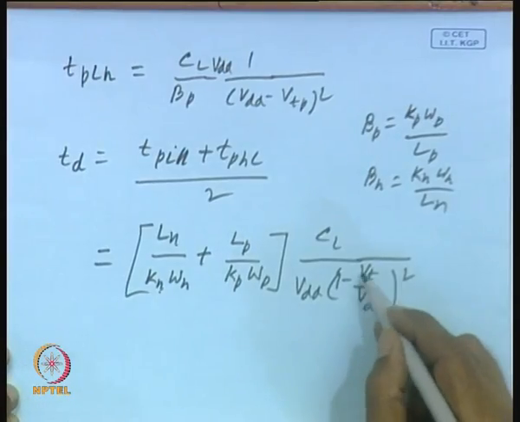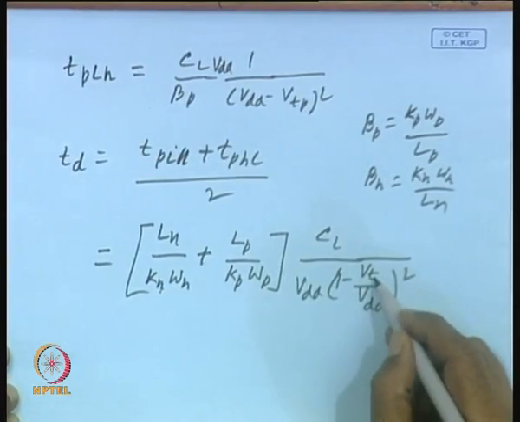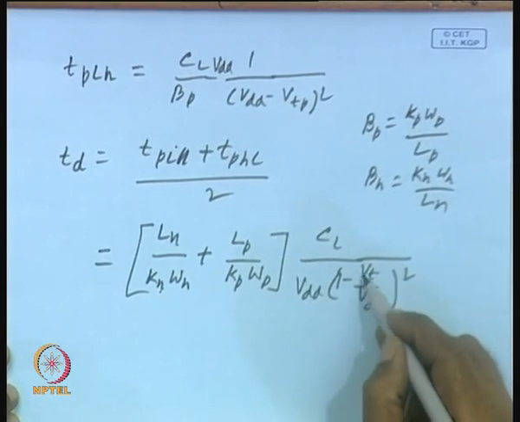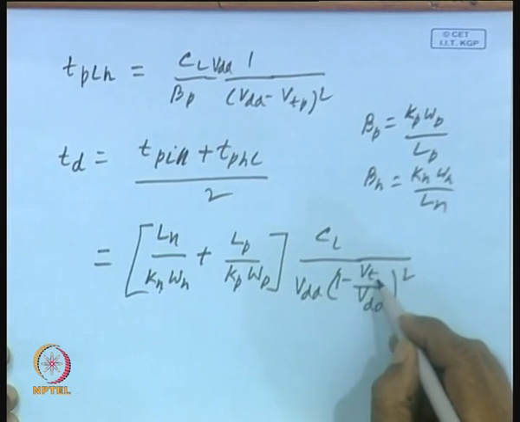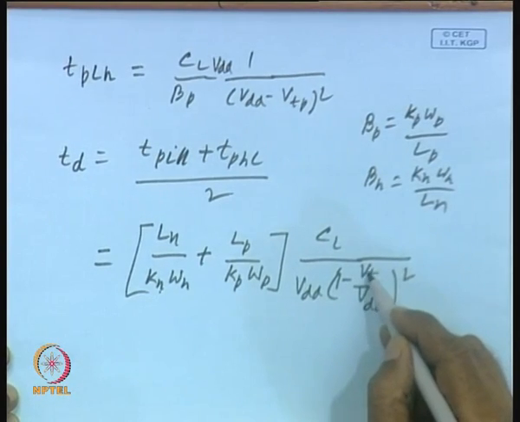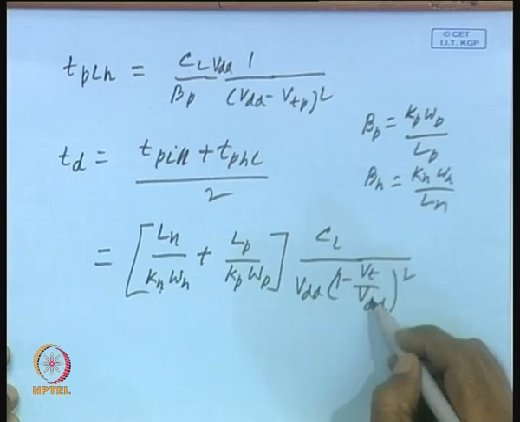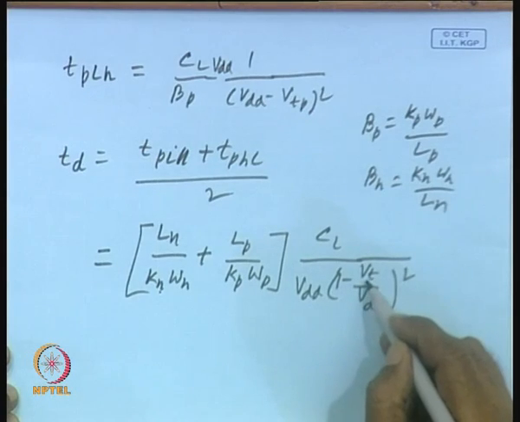But if you do not do that, if you simply reduce the supply voltage without reducing the threshold voltage, what can happen? You will see this value will keep on reducing, and as Vdd is reduced, Vt by Vdd will be increasing, and whenever Vt becomes very close to Vdd, that time this will be very close to 1.